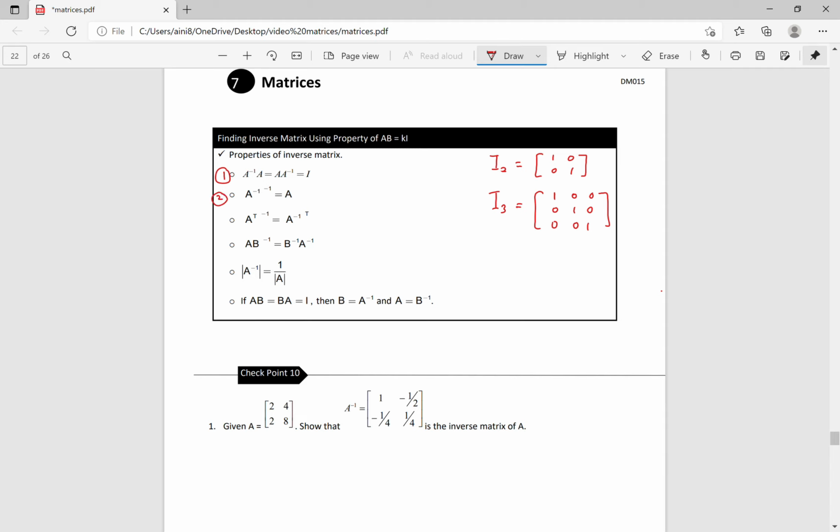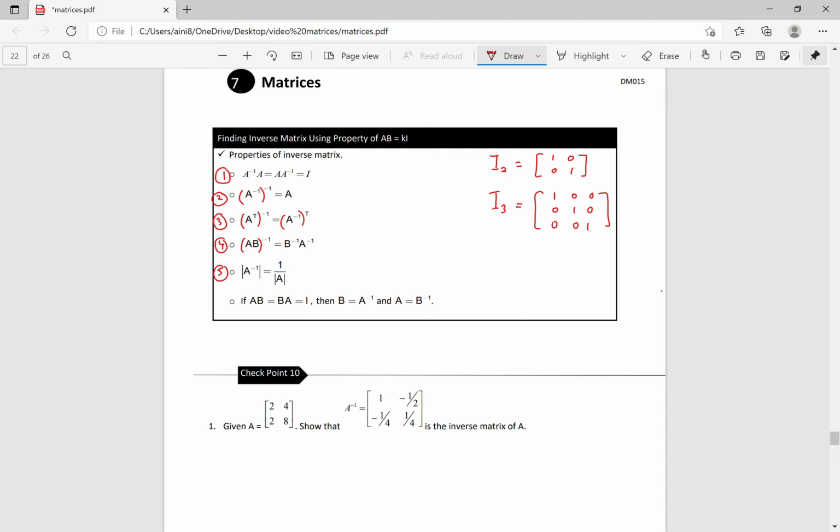The second property is A inverse, inverse again, equals A. The third one is A transpose inverse equals A inverse transpose. And then next one, A times B inverse equals B inverse times A inverse.